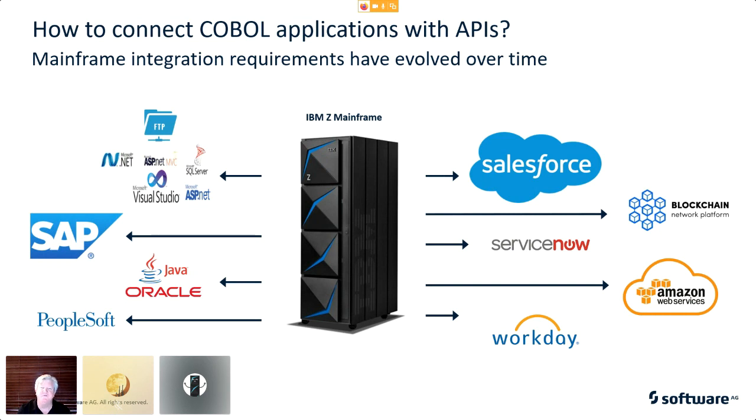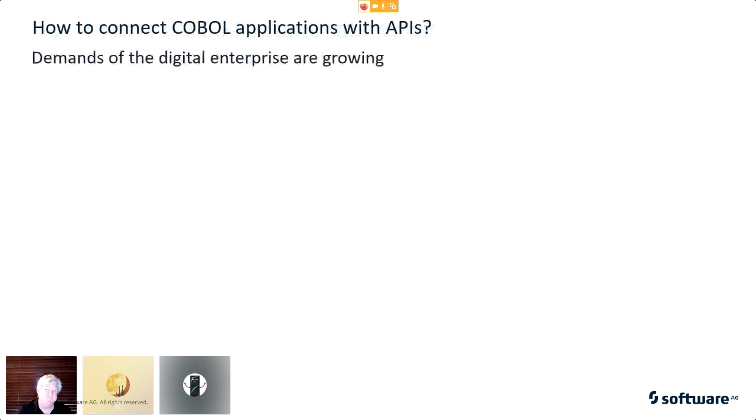There's a whole host of things. All of these things are putting pressure on the mainframe to say, I need to communicate, and typically I need to communicate in real time using different methods. So we need to API enable our COBOL applications and participate in that digital enterprise.